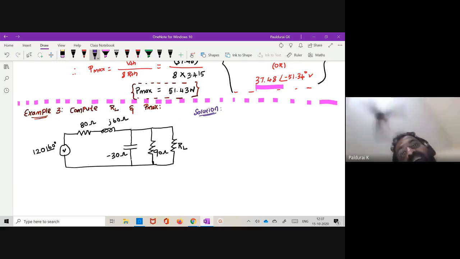So this time what is your RL? What is the formula for RL?